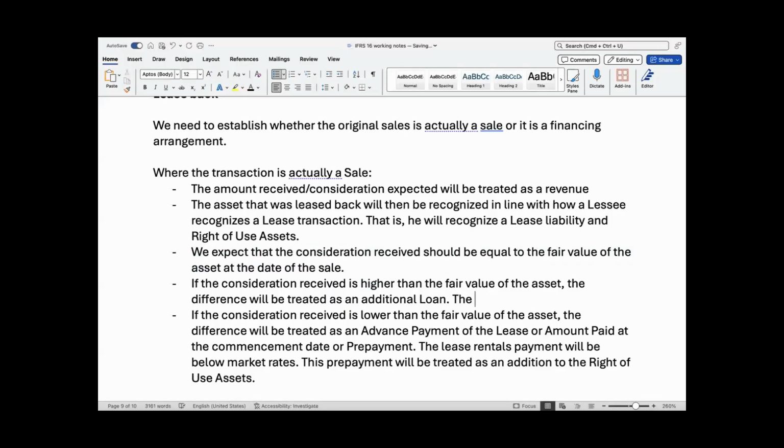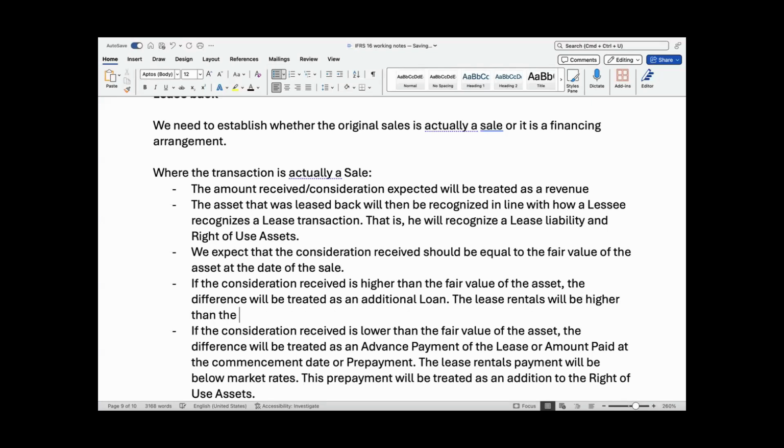In fact, the subsequent lease rentals will be higher than the market rates because it will factor in the loan repayment also.